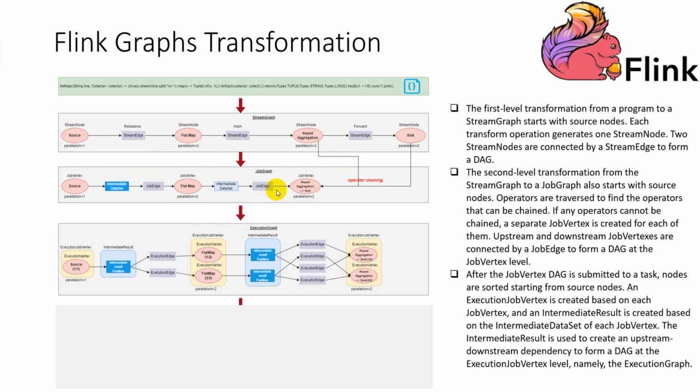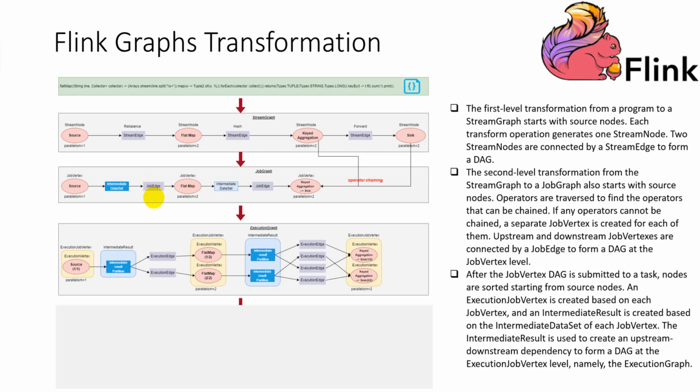After the job vertex DAG is submitted to a task, the nodes are sorted starting from the source nodes. An execution job vertex is created based on each job vertex, and an intermediate result is created based on the intermediate dataset of each job vertex.